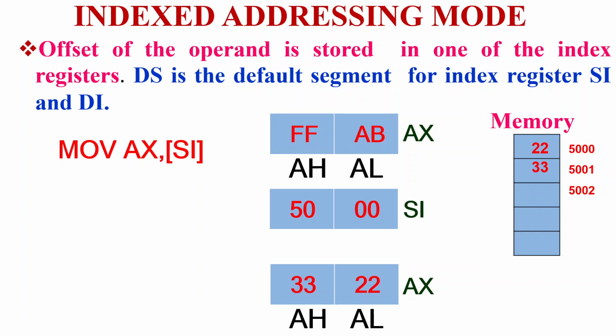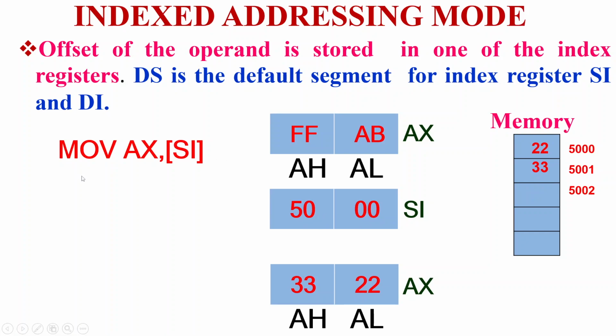To calculate the physical address, the default segment we use is the data segment, which is DS. Example: MOV AX, [SI], represented in brackets.